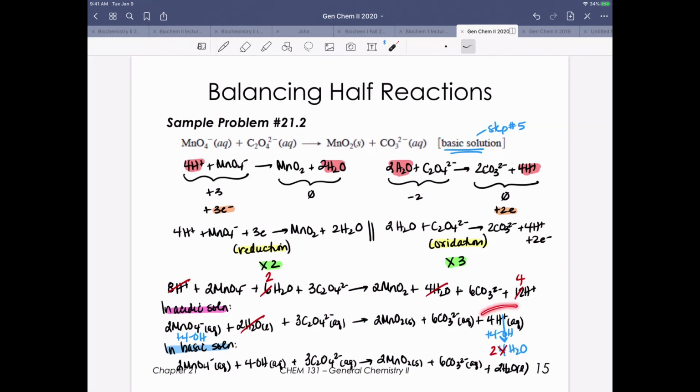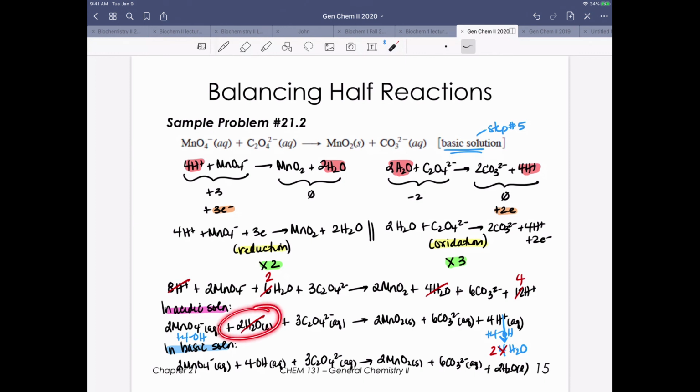All right, we had H pluses that were on the right side of our equation when we were in acidic solution. So we had 4 OHs that we needed to add in order to neutralize that. We have to make sure to add 4 OH minuses to the left as well. When we add 4 OH minuses to the side that has 4 H pluses, that generates 4 waters. Remember, we had 2 that were on the left.